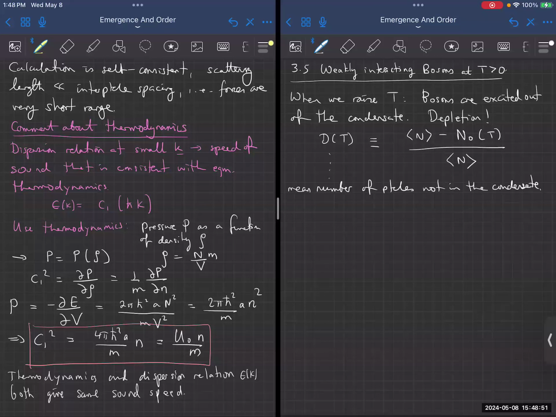Okay, so how do we calculate that? Well, we know how to do thermal expectation values with annihilation and creation operators. You did that in the second quantization worksheet, so one can in principle do this calculation. Now, what you might have expected is the following.